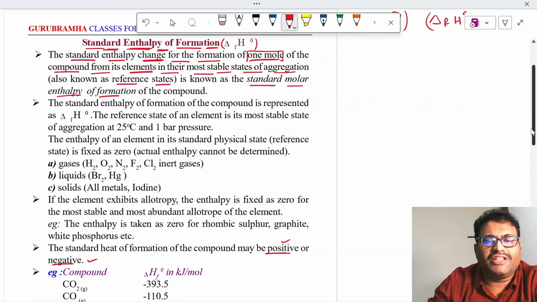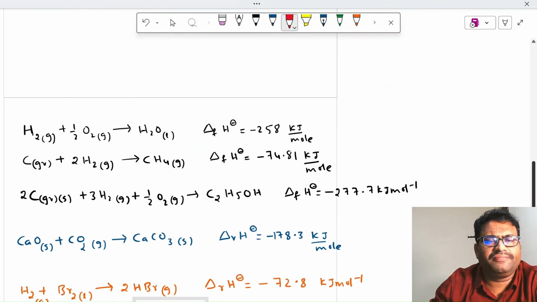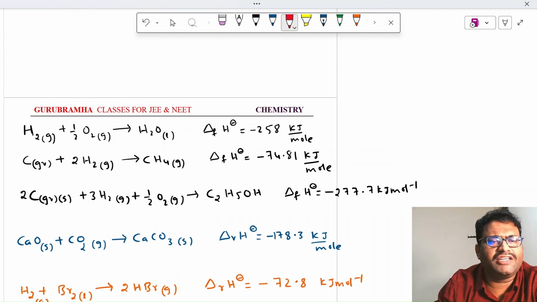So let us go with an example here. See, hydrogen plus oxygen. What is the standard state of hydrogen? Gaseous state. What is the standard state of oxygen? Gaseous state.